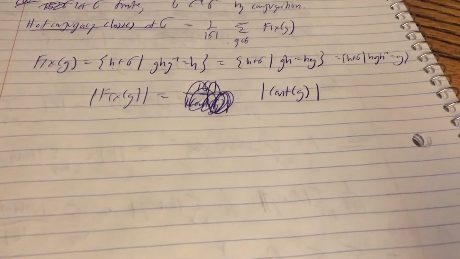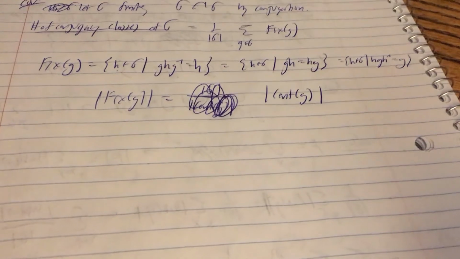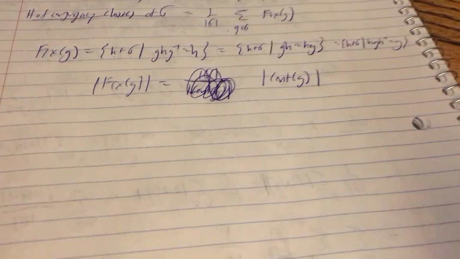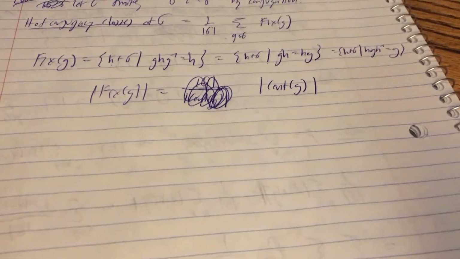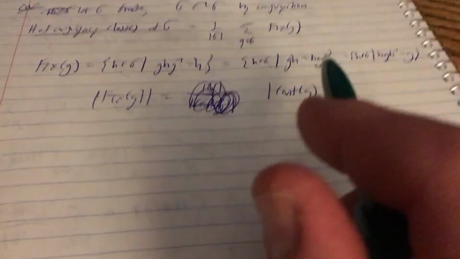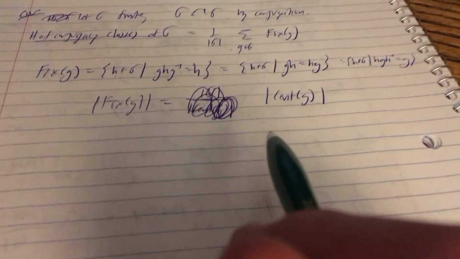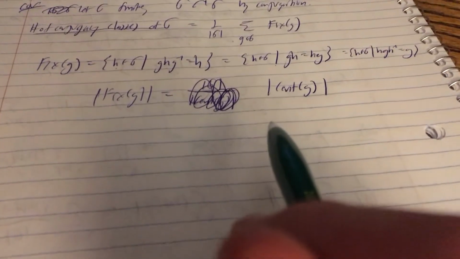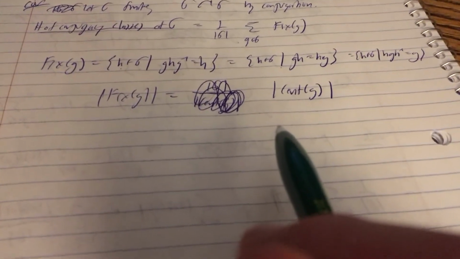Okay, so that's the size of fixed G. There's a couple of different equations we can wring out of this.